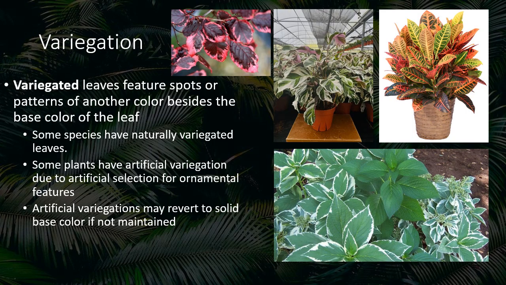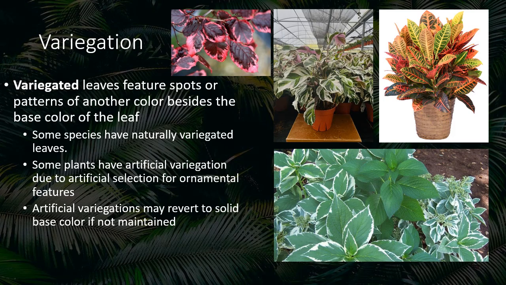One thing that's important to know about artificial variegations, and I don't have time here to discuss how these variegations occur developmentally, is that a plant can revert back to producing normal solid green leaves if the variegation isn't maintained.